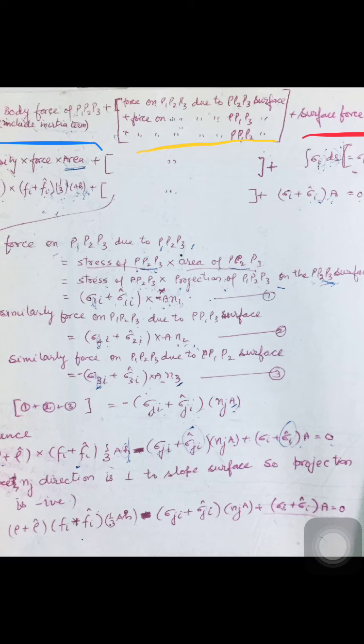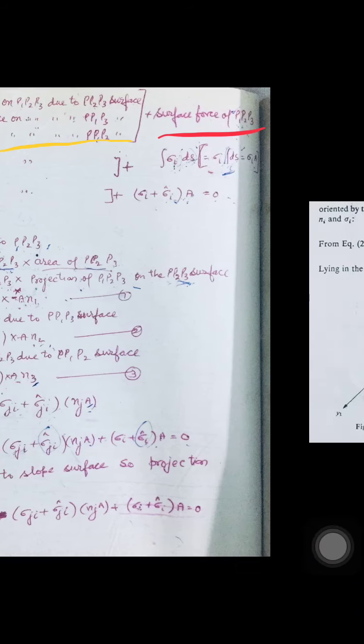Similarly, we can solve all the three parts, and substituting these, we get equation 2.8 by this method, which is not given in the book. So you can understand how we get these equations. By putting these equations, we get the relation between stress vector and stress component.